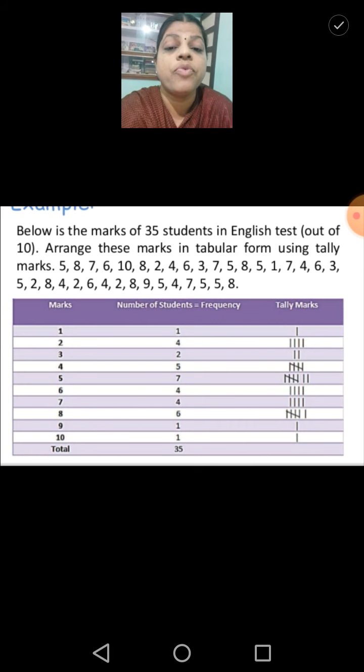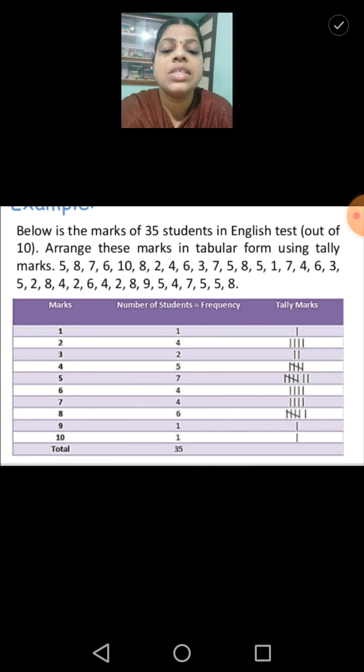What is the meaning of frequency? It means how many times a particular value repeats in the data. Once again I will explain. How many times a mark repeats in our data is called its frequency.